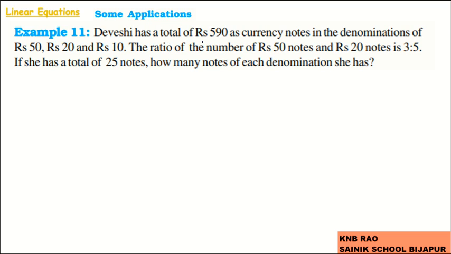Deveshi has a total of rupees 590 as currency notes in the denominations of rupees 50, 20 and 10, and they gave you the ratio of the number of rupees 50 notes and the number of rupees 20 notes as 3:5, and they also gave you the total number of notes as 25.